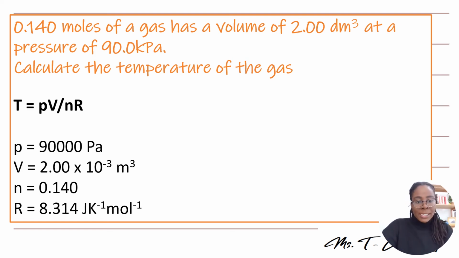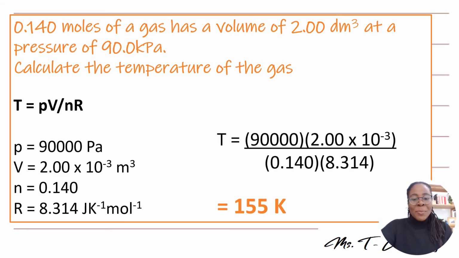So pressure in pascals by multiplying by 1,000, volume in meters cubed by multiplying by 10 to the minus 3, moles, just moles, and R is just R. So we can now put that into our expression and we end up with 155 Kelvin to 3 significant figures.